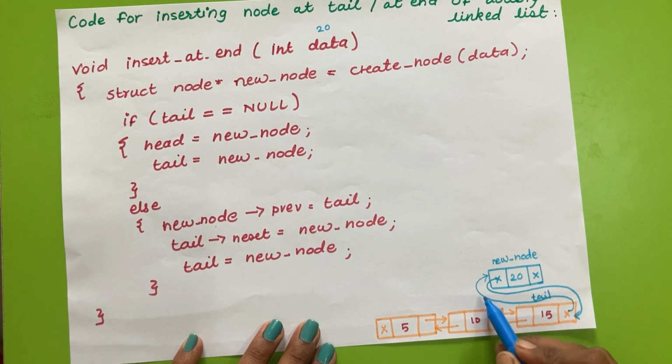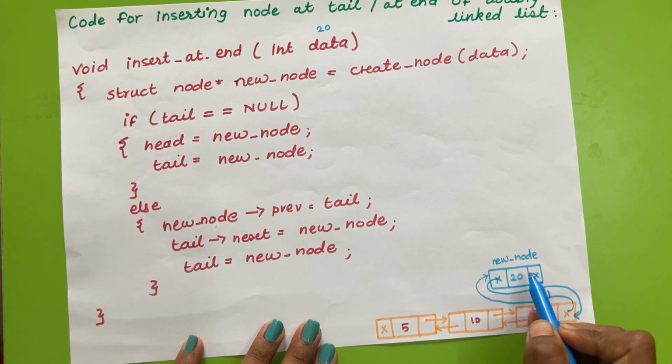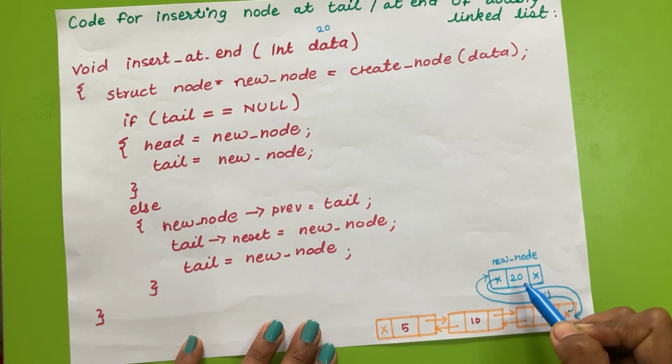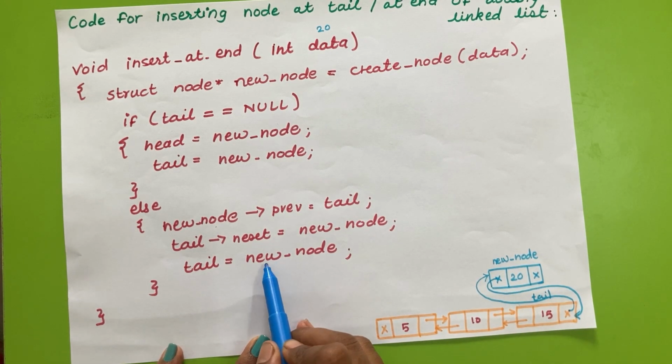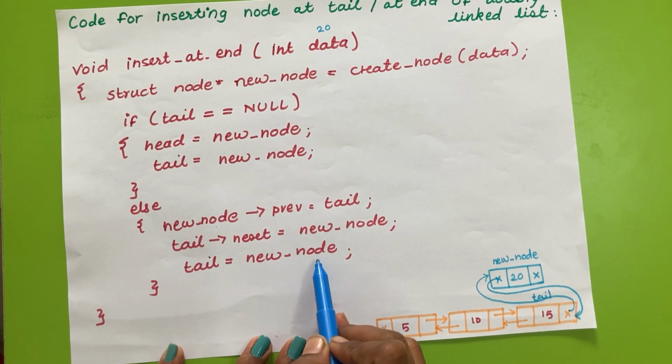Okay, now we have made all the connections, meaning both links are updated here. But now we have to make the newly inserted node the tail, because this will be the new end of the doubly linked list. Okay, so now the new node will get updated to the tail node with this statement.